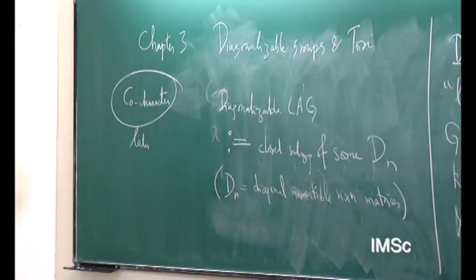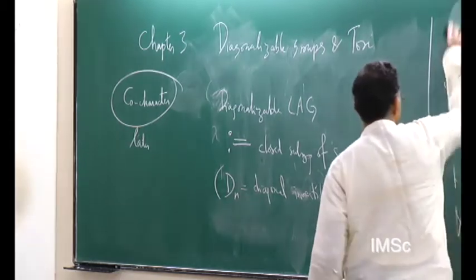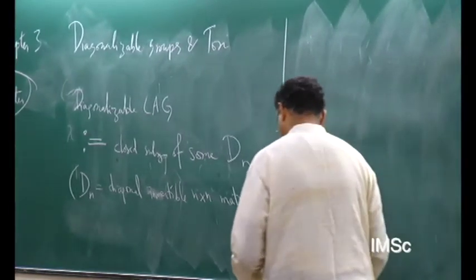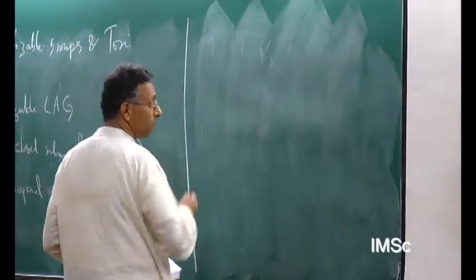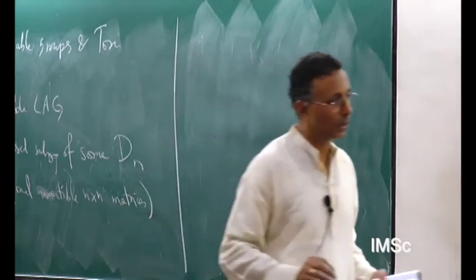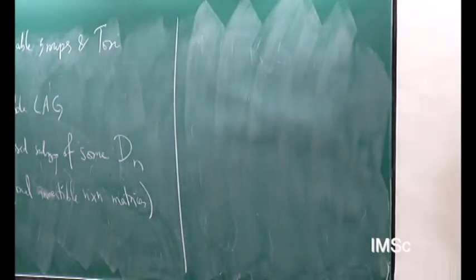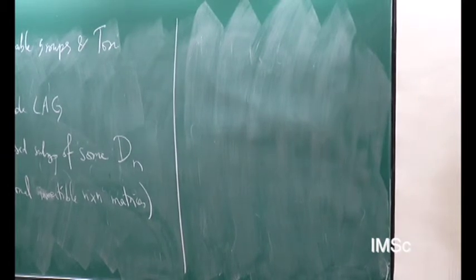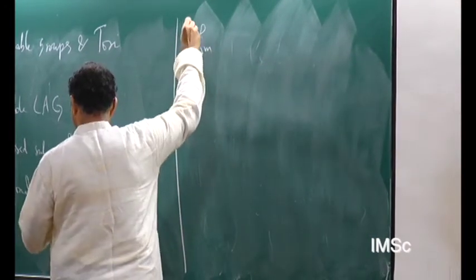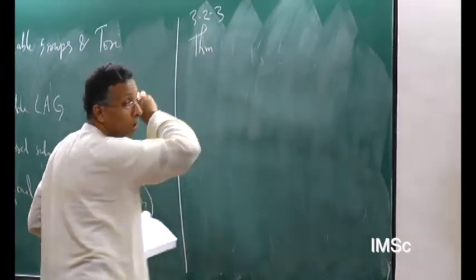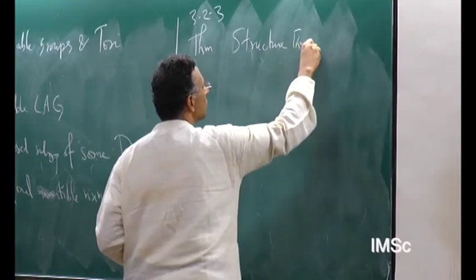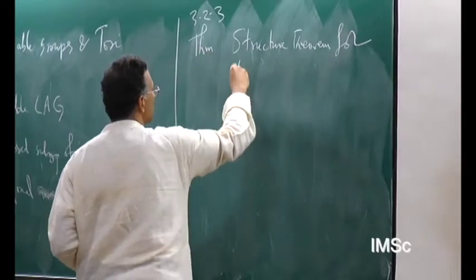Okay. Now here is the theorem. This is the structure theorem for diagonalizable groups, 3.2.3.